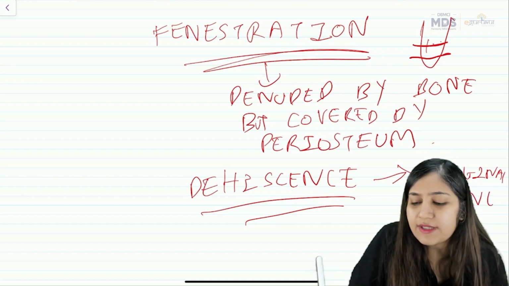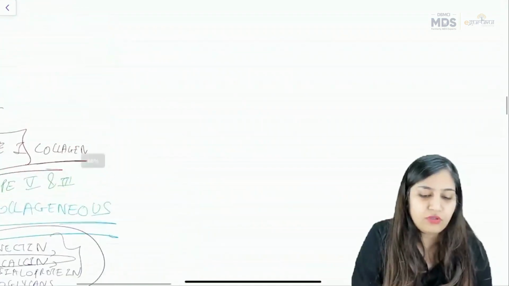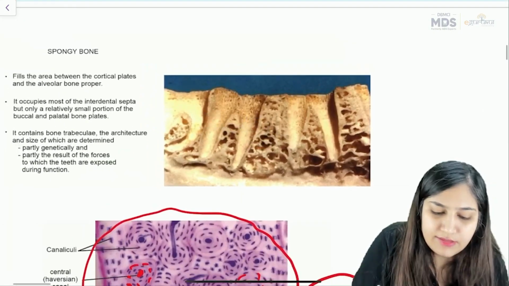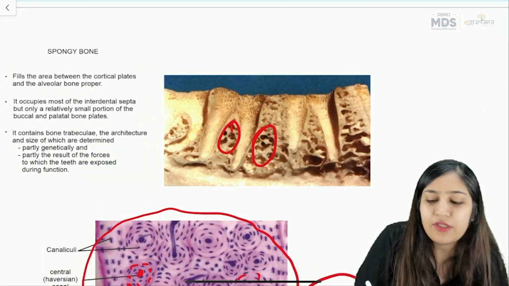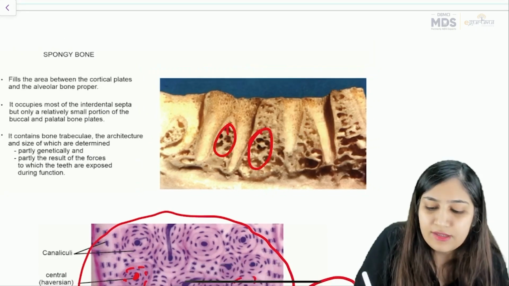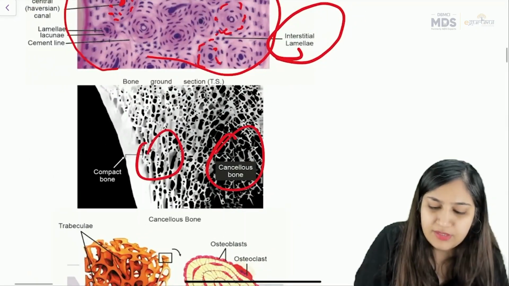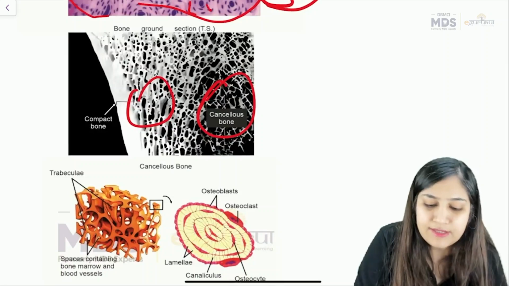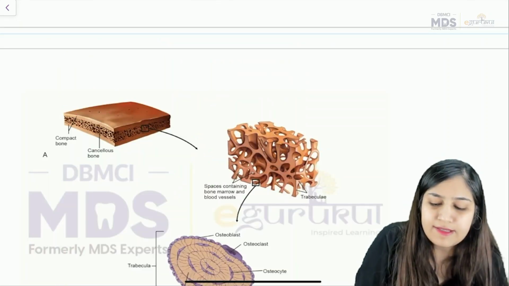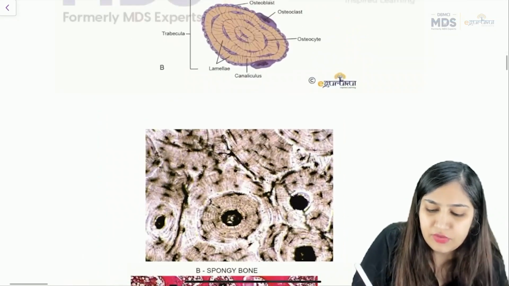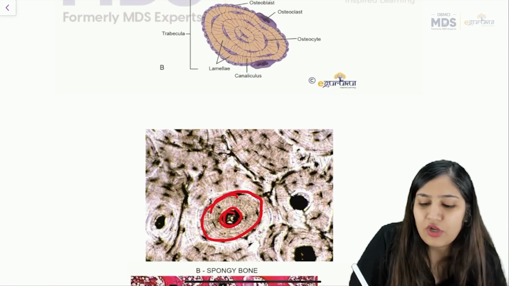So we have not seen the diagram for the cribriform plate, right? We will see the diagram now. This is our spongy bone, trabecular arrangement in between the teeth as well as the roots, compact bone, cancellous bone, sieve-like arrangement. You can easily appreciate compact bone and cancellous bone in this diagram. So this is our Haversian canal, concentric lamellae.